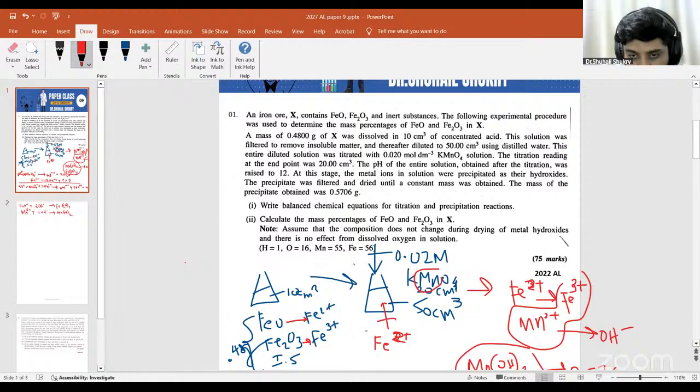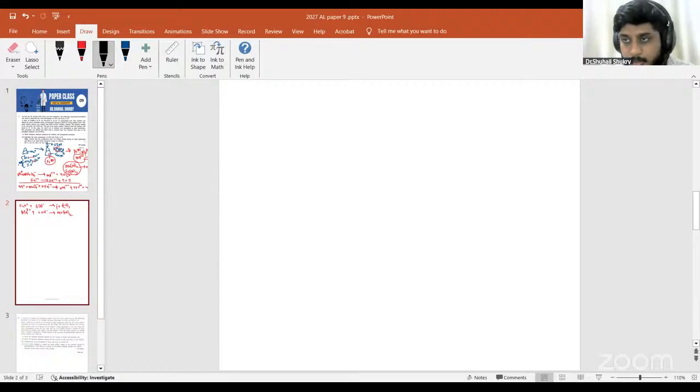Here only the Fe2 plus in this is reacting with KMnO4. Who is reacting here? Only Fe2 plus, whatever Fe2 plus is here, reacting with KMnO4. So if you find the number of moles of KMnO4 here, then you can find the Fe2 plus moles. Always the carrying factor is moles. First of all, I can find the number of moles of MnO4 minus or KMnO4.